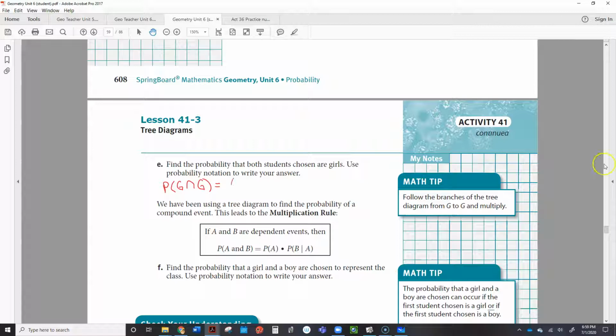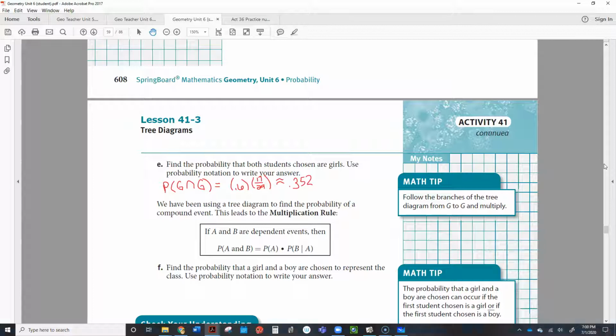So this is 0.6 times 17 over 29. That's how it worked the first time we did a table. And that comes out to be about 0.352.